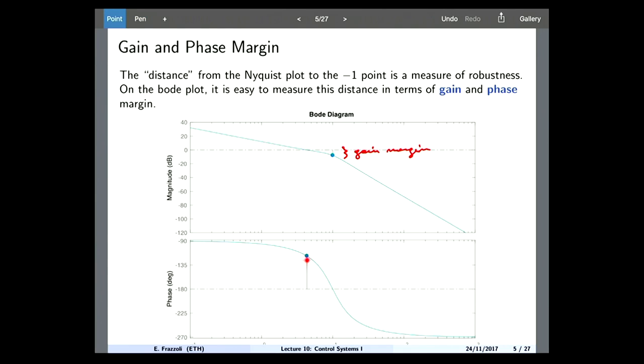Look at the phase plot, and how far away am I from negative 180 degrees of phase, okay? And this distance is your phase margin. Okay? And essentially what you will want to do is to try to make this as big as possible, while satisfying other constraints. Okay?